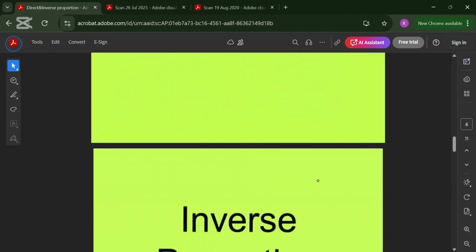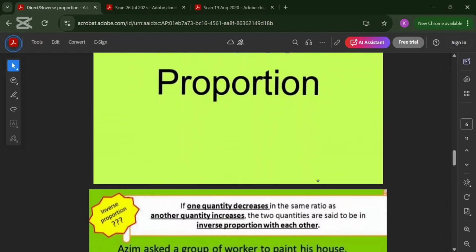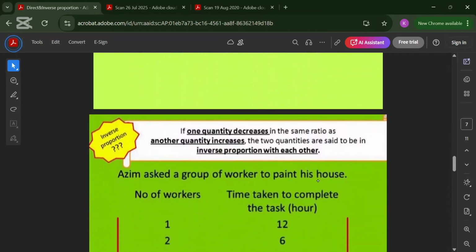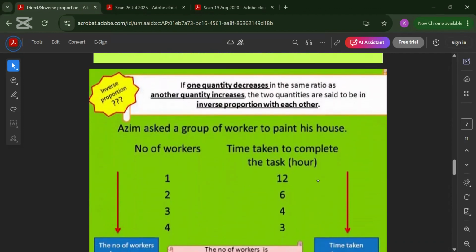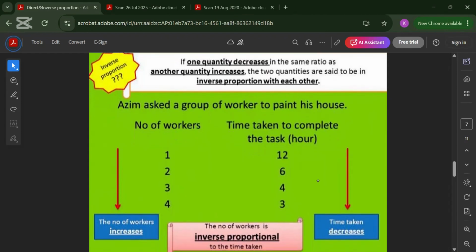Okay, let's move further. Next, we come to the concept of inverse proportion. Again, there are two quantities. While comparing those two quantities, if one quantity is increasing, as a result the other is decreasing. That is called inverse proportion. Like here, a number of workers are supposed to paint a house.